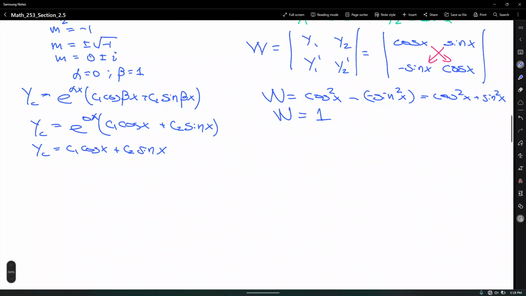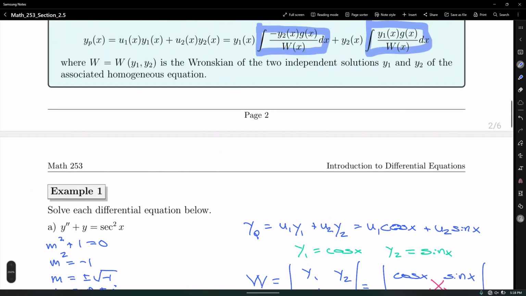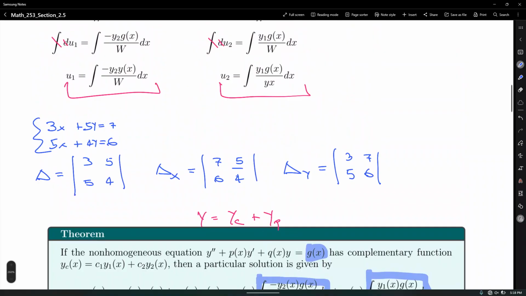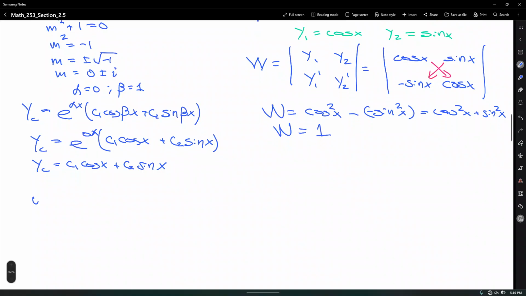So now let's evaluate these integrals u1 and u2. Okay, u1, which is this integral right here, the integral of negative y sub 2 g of x over w. This is supposed to be a g, not a y, a little typo here. So u1 equals the integral of negative y sub 2 g of x over the Wronskian w dx.